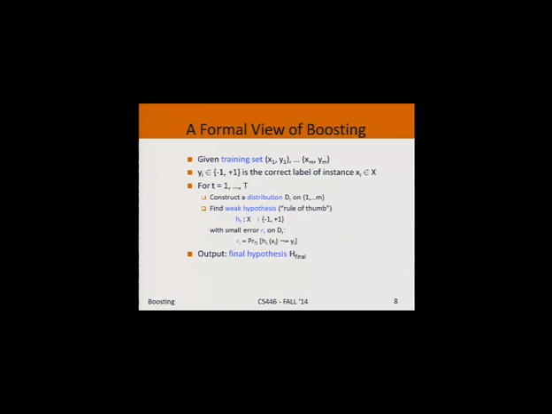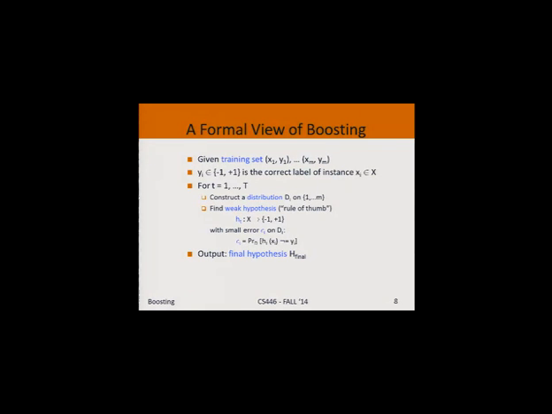It's this, okay: the sum over all i's weighted by the probability of the example i under the current distribution D of those examples on which I made a mistake. Okay? So if it was uniform, it would be just the number of mistakes divided by m.